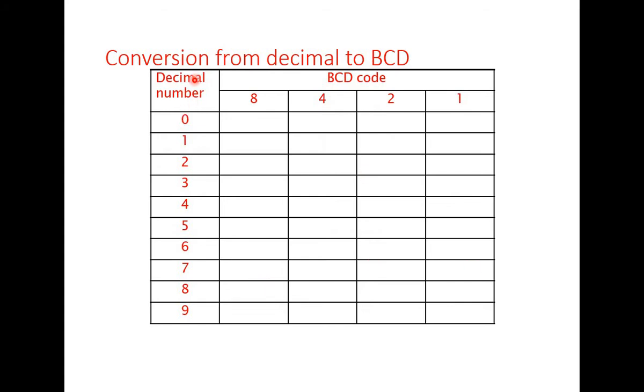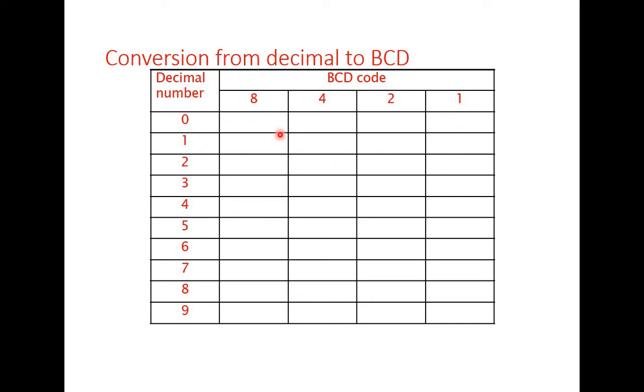In this table we indicate the decimal number starting from 0 to 9 and the BCD code, as we early mentioned, it is also called as 8421 code. So the 1 is the LSB and 8 is nothing but the MSB. For the 0 decimal number representation in BCD, we have to consider the positional weight 8 becomes 0, positional weight 4 becomes 0, positional weight 2 also becomes 0, and the positional weight 1 also becomes 0.